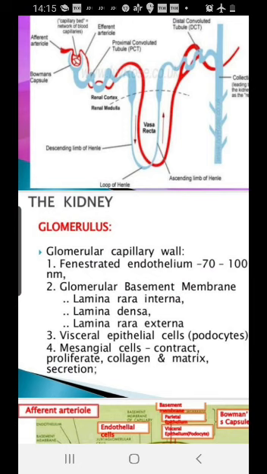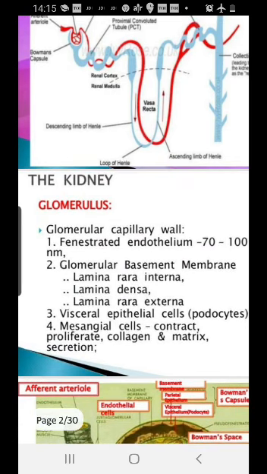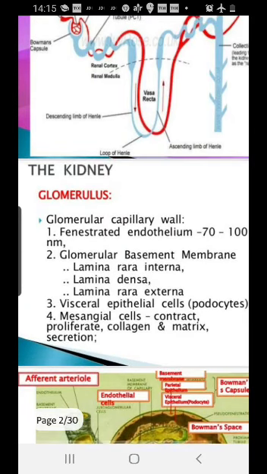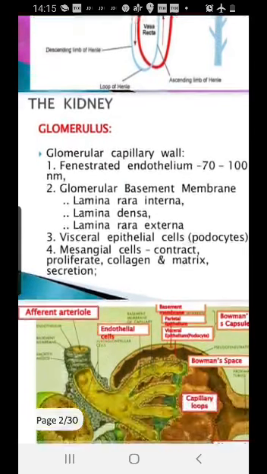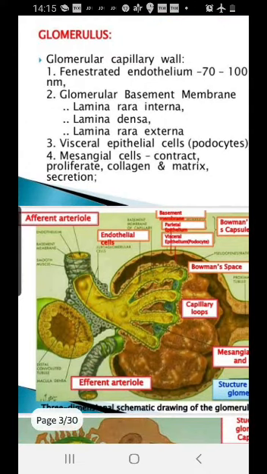This is composed of a basement membrane, lined internally by an endothelium, and surrounded outside by visceral epithelial cells, known as podocytes. In between the basement membrane or the capillary wall we have the mesangial cells, which proliferate and secrete collagen and matrix, which supports the glomeruli.